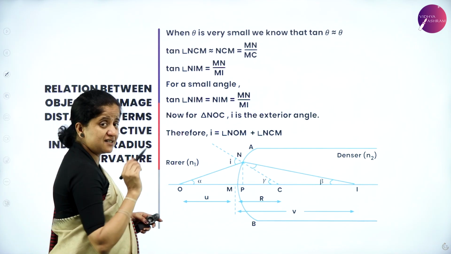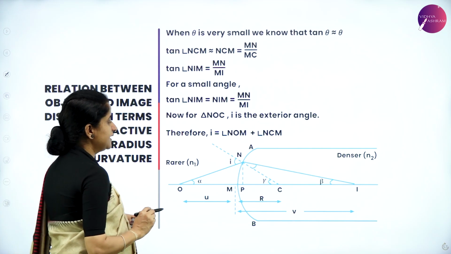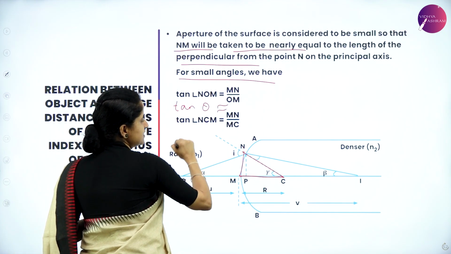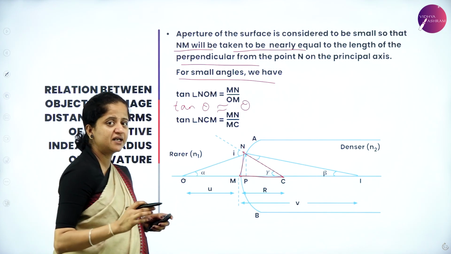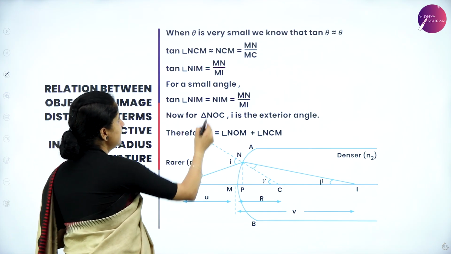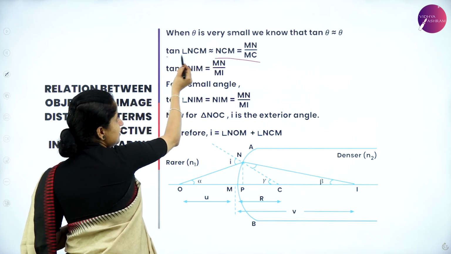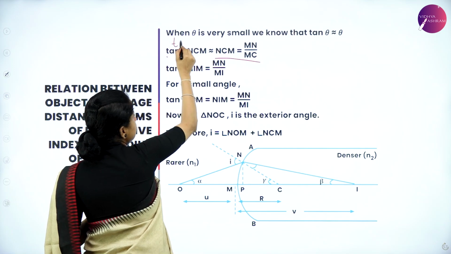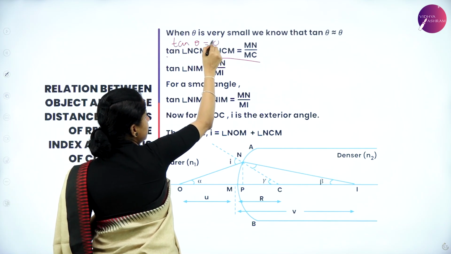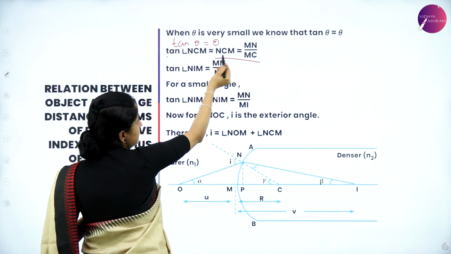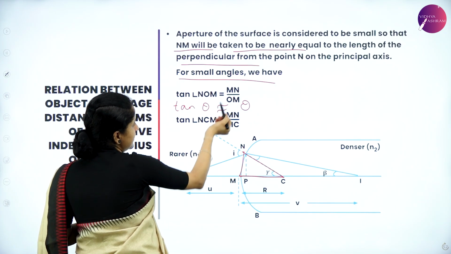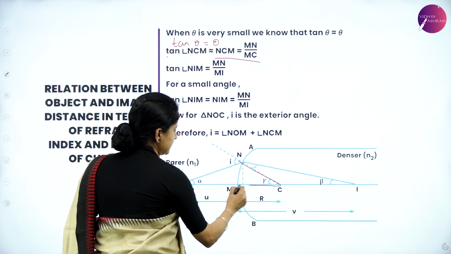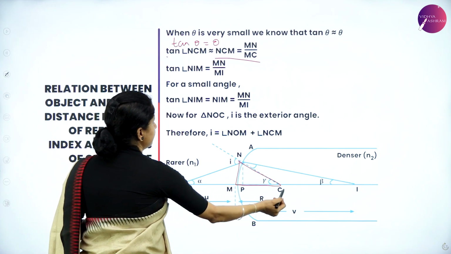Now when theta is very small, tan theta is considered to be theta, so we shall forget about the tan function. We can write tan theta equal to theta for small angles. So theta is NCM, which is equal to MN divided by MC.